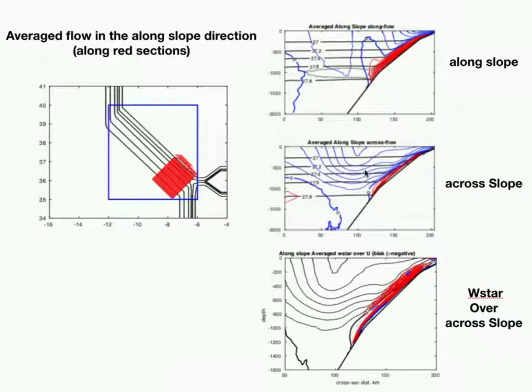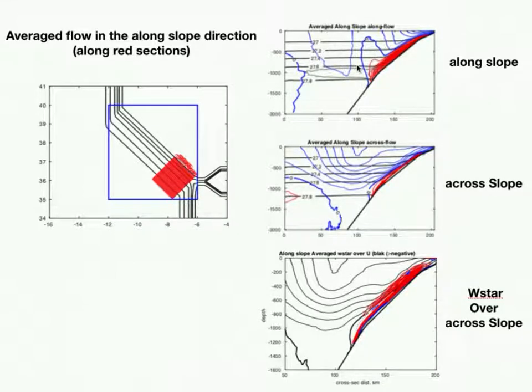Here we have the cross slope flow, so the flow in this direction. And here we have the W star, the entrainment velocity, also averaged over all these sections, plotted over the cross-section flow, so the flow into the slope and out of the slope.